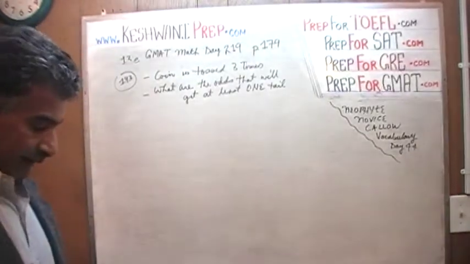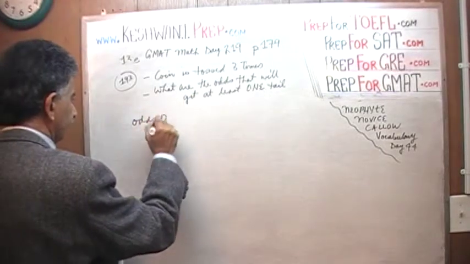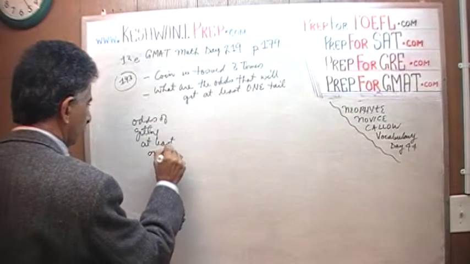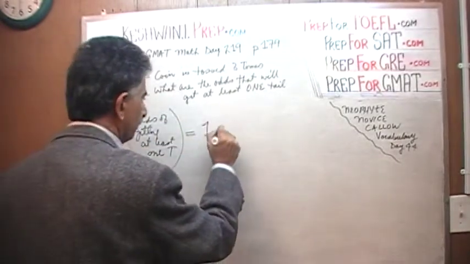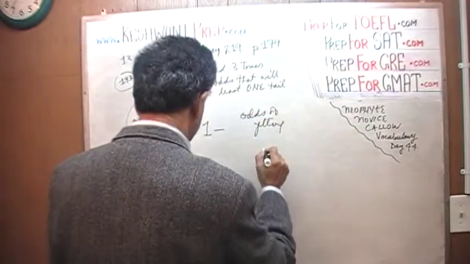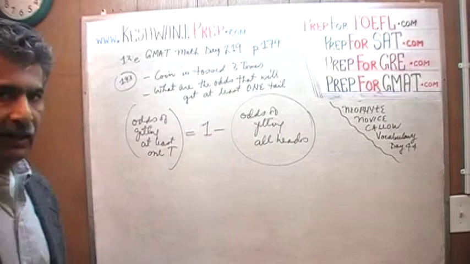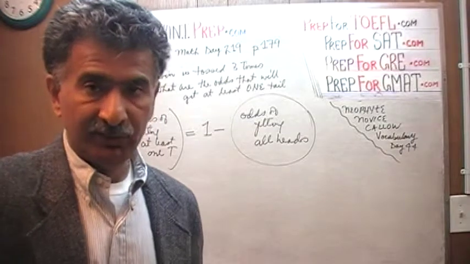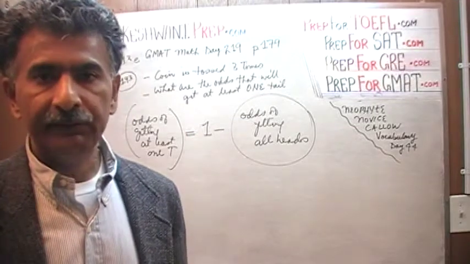The odds of getting at least one tail is the same as 1 minus the odds of getting all heads. Whatever the odds are of getting all heads in the three tosses, if you take those odds and subtract them from the total, which is 100% or 1, that will give you the odds of getting at least one tail.